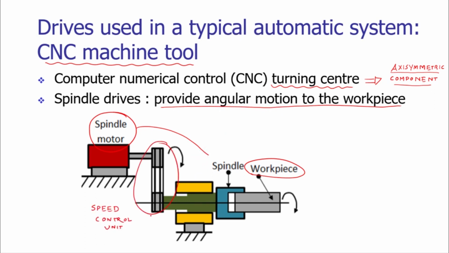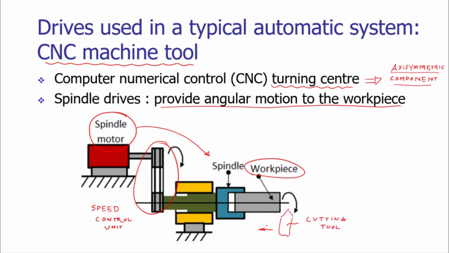In traditional turning centers, belt drives are utilized, but in modern CNC machine tools, we are using variable speed servo motors. So the spindle motor provides power to the spindle, and that spindle rotates, providing the angular velocity to the workpiece.